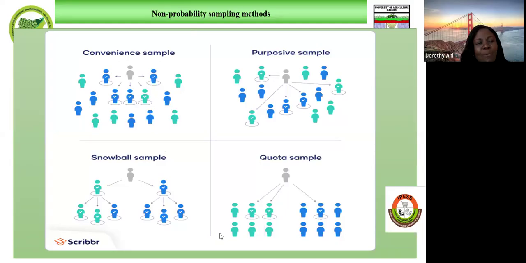So in this case, your respondents are people that you don't even know, and you may not even know where they are. So what you do here is like a referral. If you get one person, the person will now refer you.